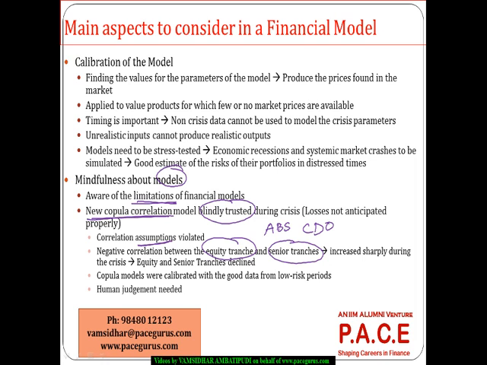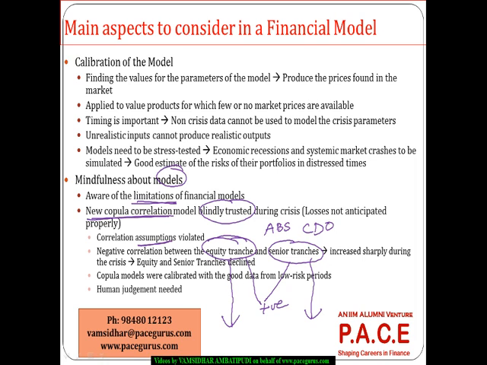CDOs, but especially during the recession period, instead of a negative correlation between the two, it turned out to be a very heavy positive correlation. Initially these two were expected to provide a kind of diversification, but during the crisis both of them fell sharply, resulting in a huge loss to the financial institutions.